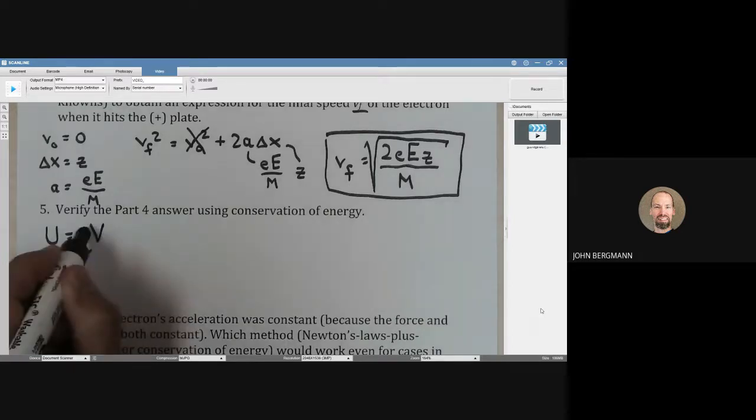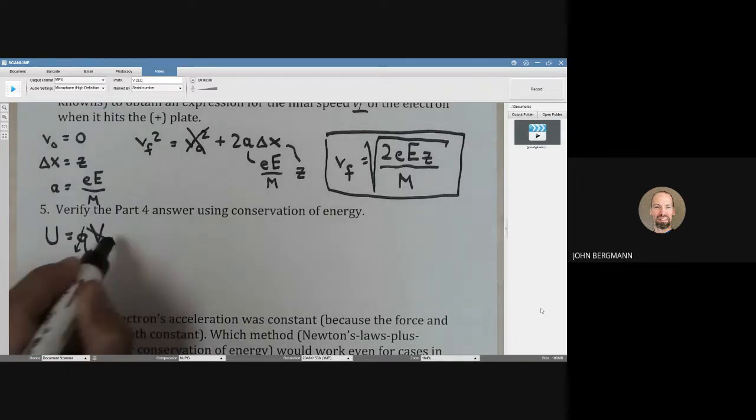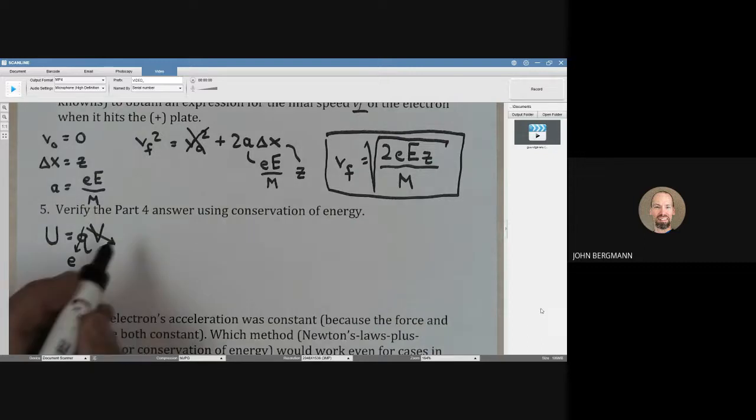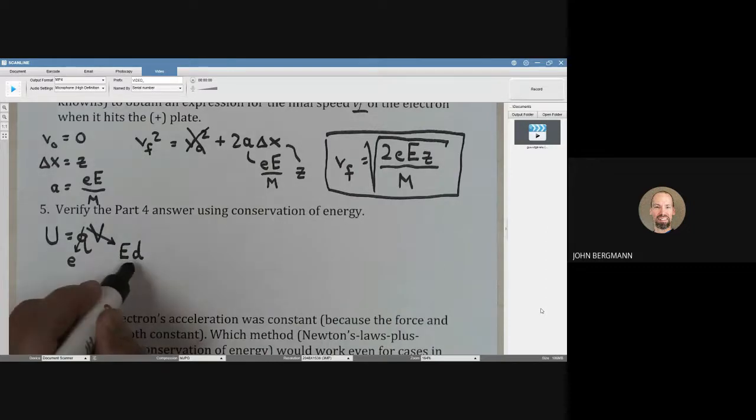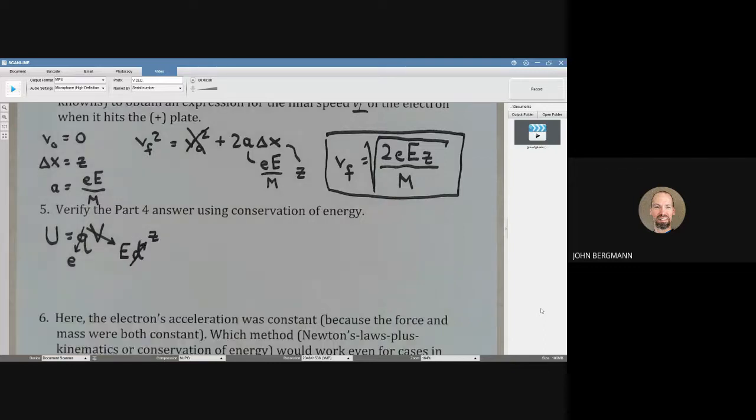And this voltage difference is the electric field multiplied by the separation between plates. Well, here, we're doing a lot of crossing off, aren't we? The separation between plates is given the variable z. So what that means is that the initial potential energy is essentially little e times big E times z.